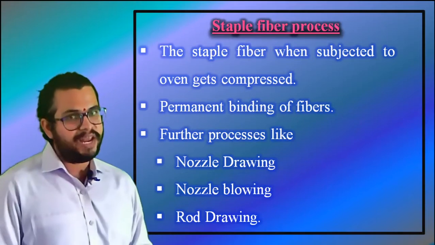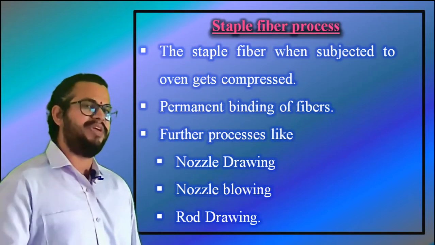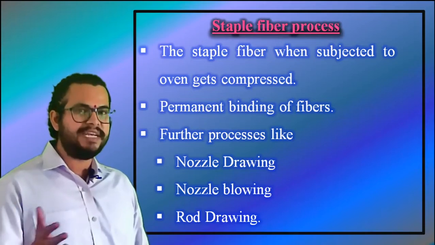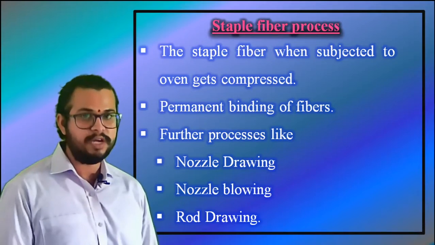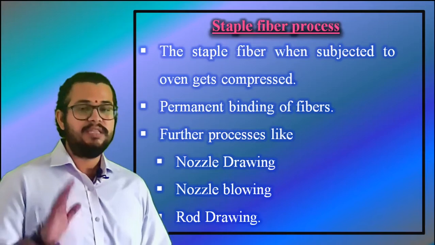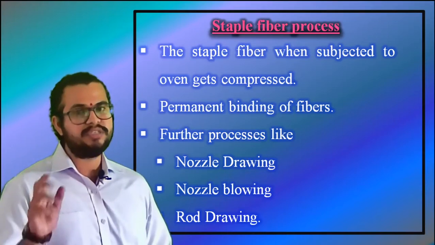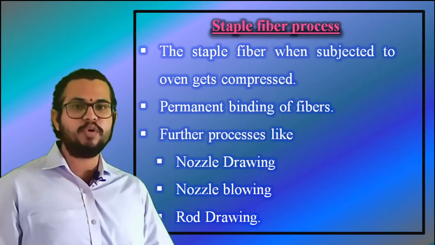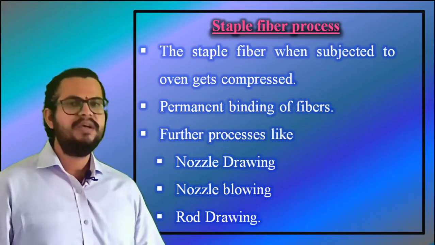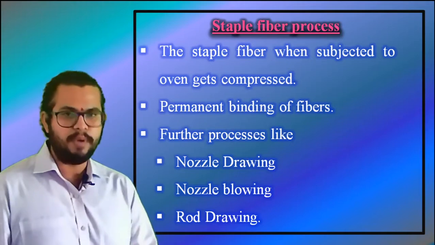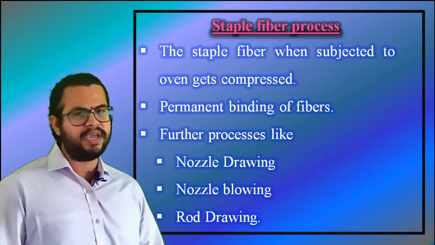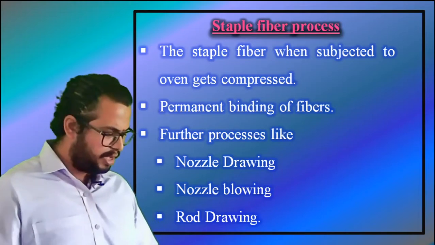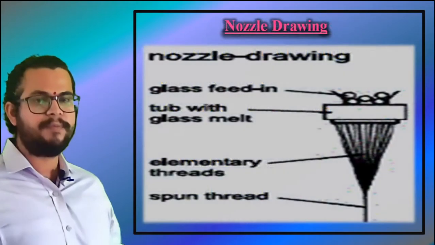The subsequent manufacturing of the glass fibers may be executed by direct melting processes. However, in most cases, the glass rods or balls are first made, and then they may undergo a variety of further processes, namely nozzle drawing, nozzle blowing, and rod drawing. Okay, now let's dig deep into those processes one by one.